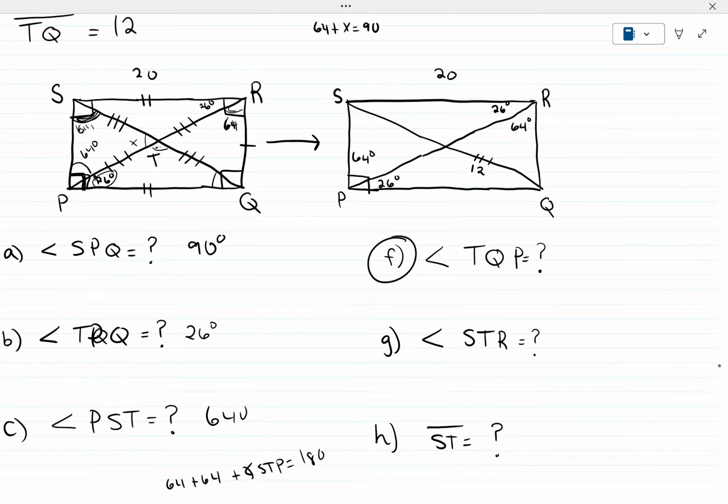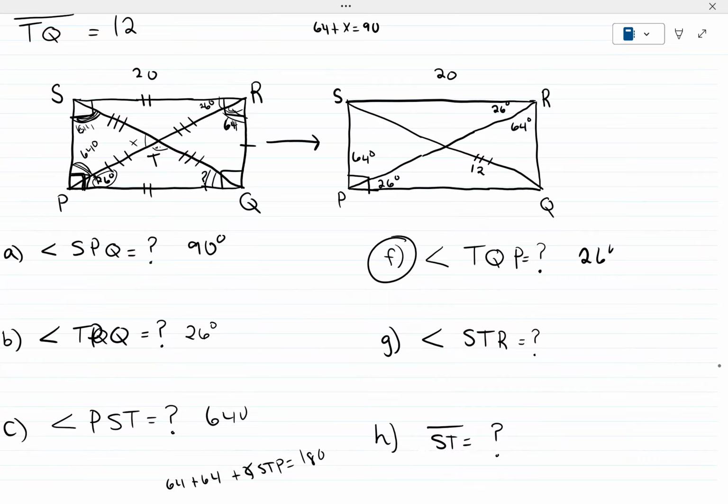Angle TQP. So I'm going to say this angle here is going to be 26, right? Because this angle here is congruent with this angle, and this angle here is congruent with this angle because of alternate interior and alternate exterior angles.